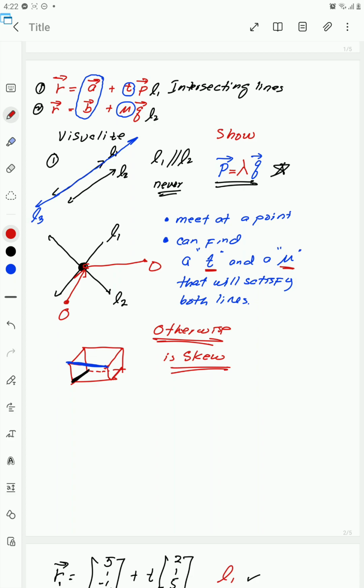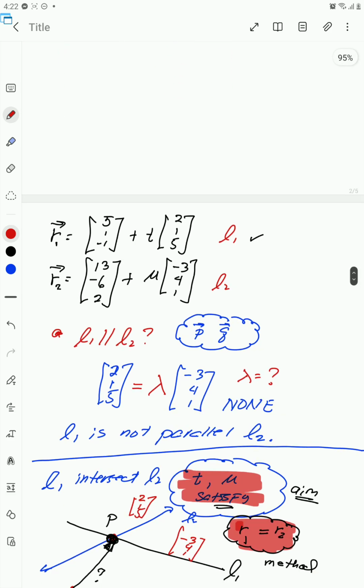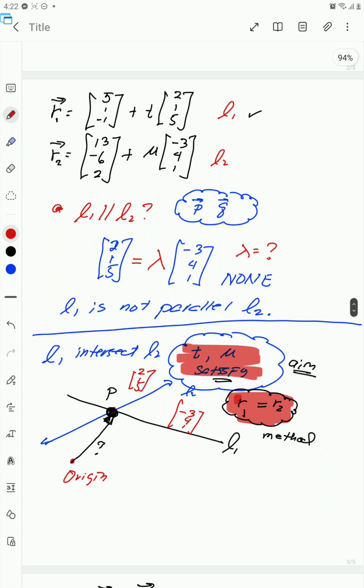If it's not being satisfied, then it is skew, right? So in this one, for example, we look at the direction of line 1, look at the direction of line 2, and there is no such lambda, therefore they are not parallel.